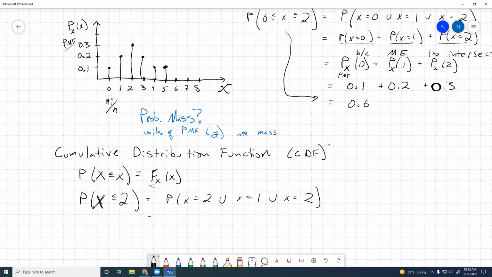So this is equal to big F of X, our random variable, by plugging in 2, which we already solved.